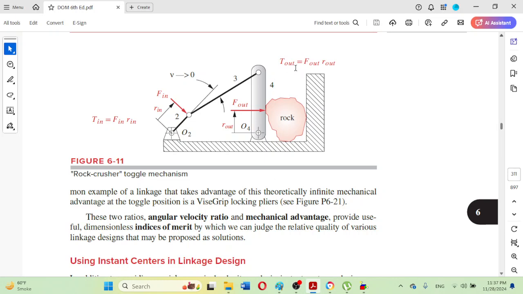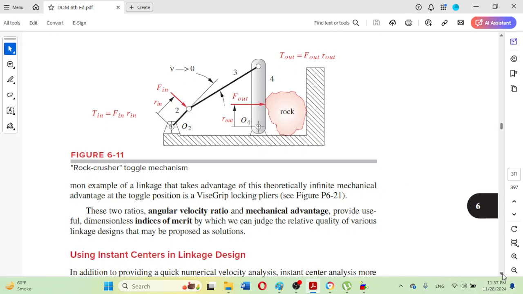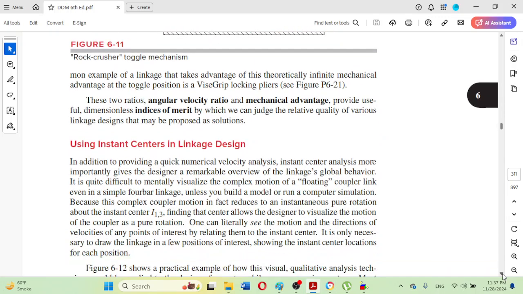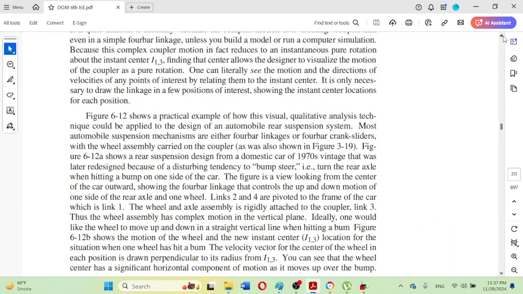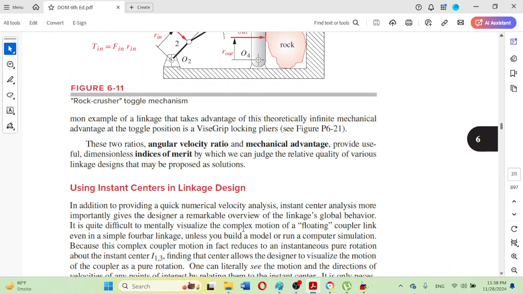So this is the principle of the rock crusher mechanism, which is used to crush the concrete in road construction purposes. So here this article in this way has been completed.